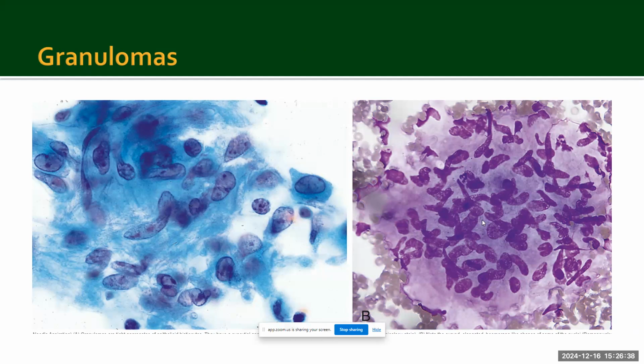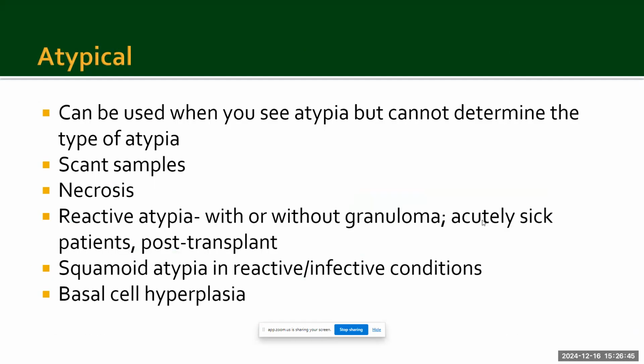When do you usually use the term atypical in small cytology samples? I think atypia is becoming more and more of a basket term that is frequently used, right? So for me, I use the term atypical when you see atypia but you cannot determine the type of atypia.